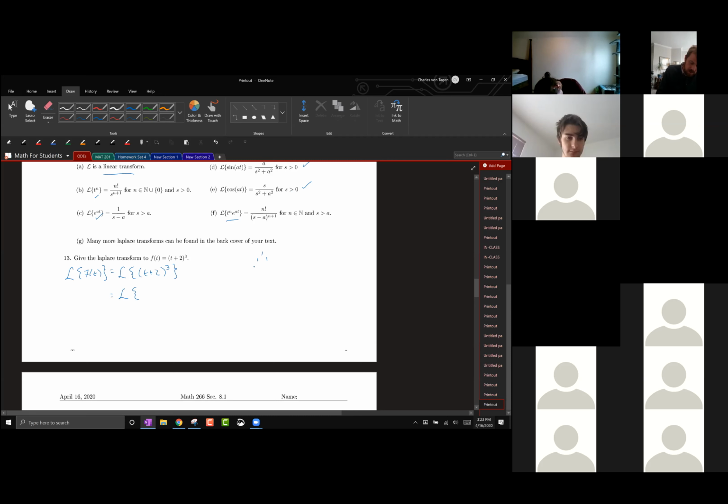Let's see here. So we get t cubed plus 2 times 3, so plus 6t squared, plus 3 times 2 squared is plus 12t, and then plus 8.